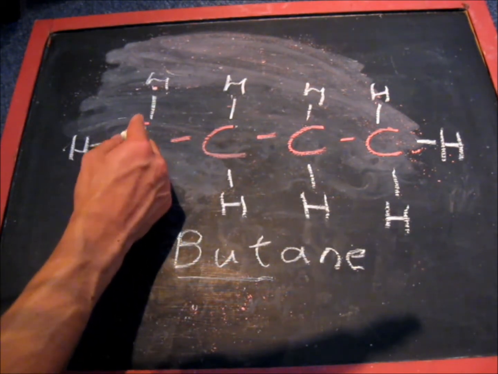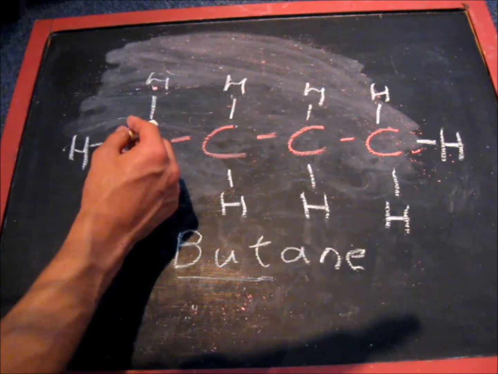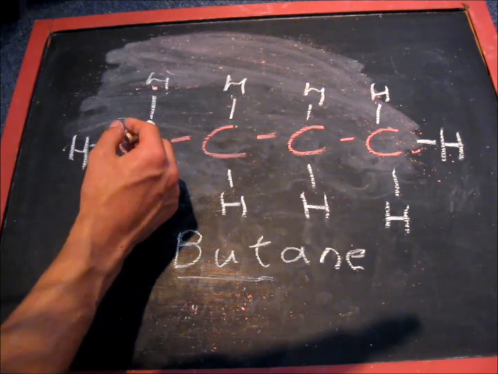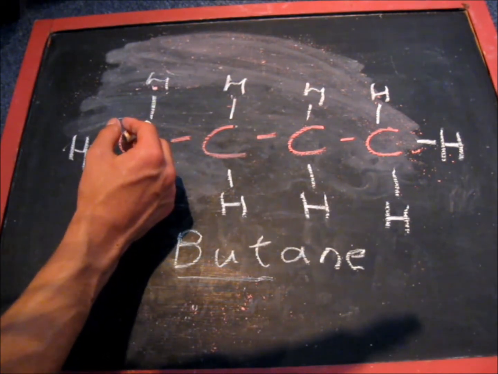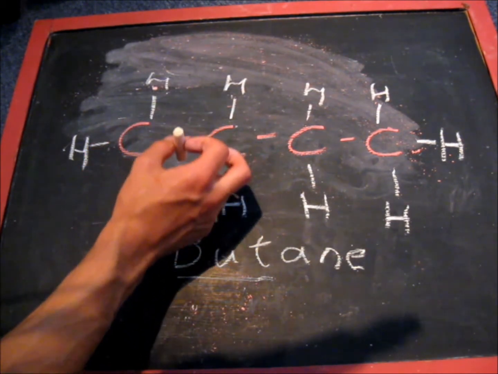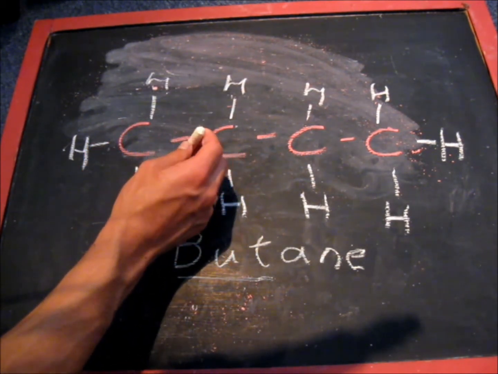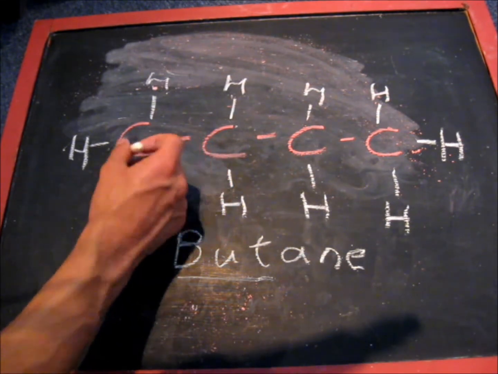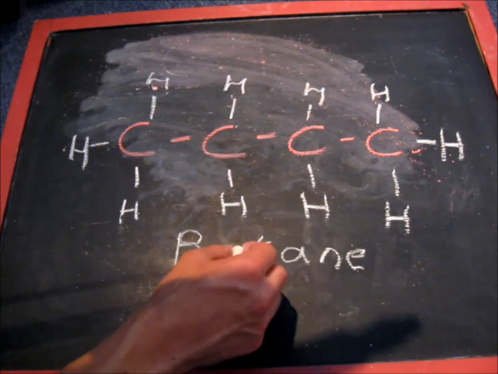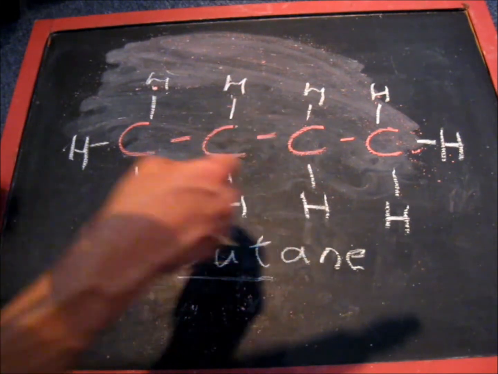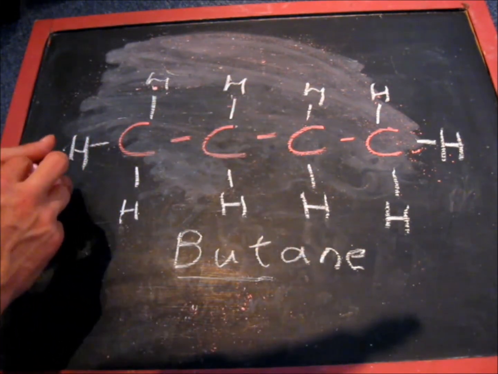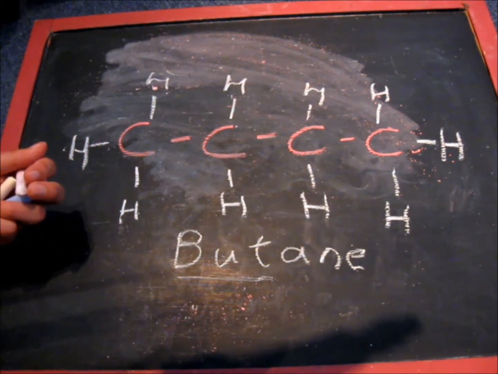If it had 1 carbon, it would be called methane, I think. No, ethane. 2 would be methane. 3 would be propane. And then there's 4, which is butane. I may have got them the wrong way around there. I'm not too sure. But that's roughly it.